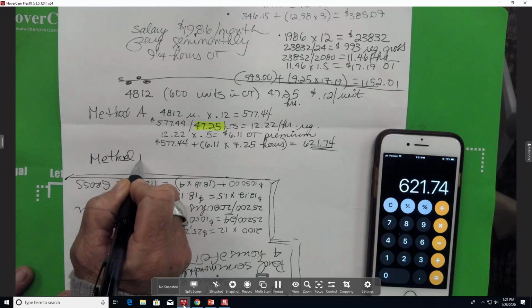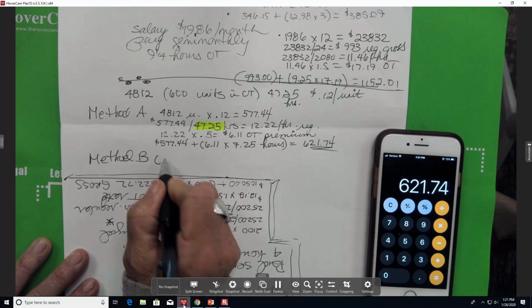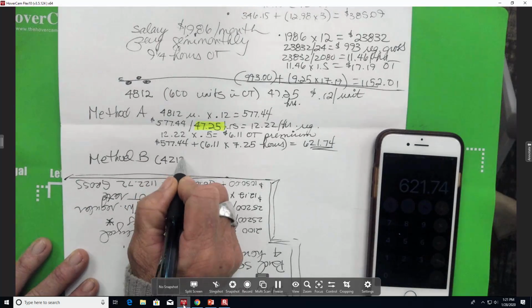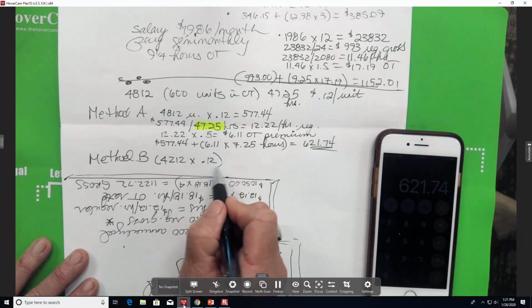So method B is literally just one algebraic statement, a compound algebraic statement. See how handy algebra is even when you didn't think it ever would be?